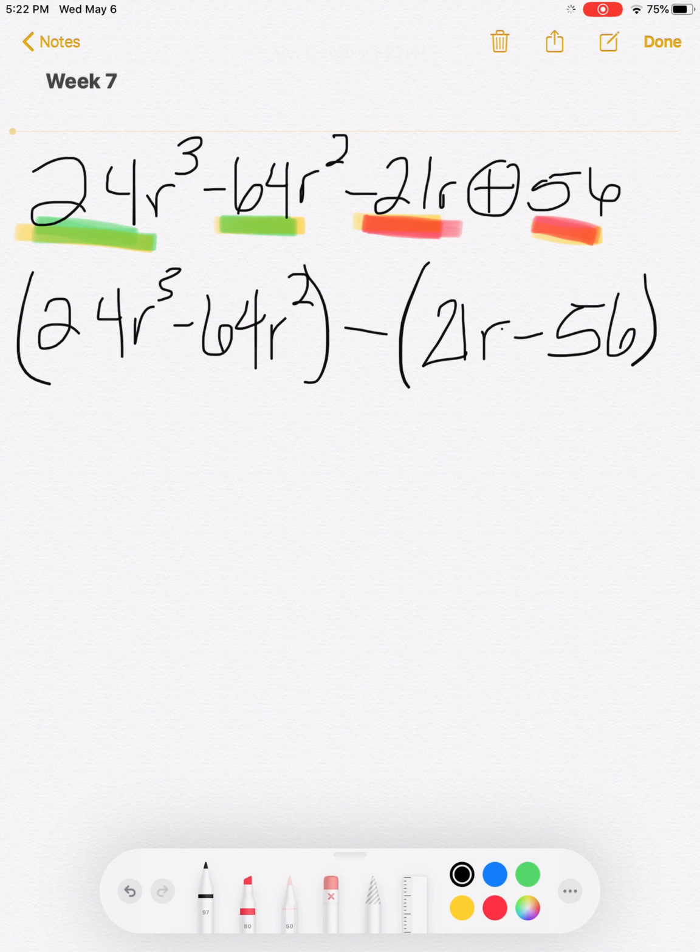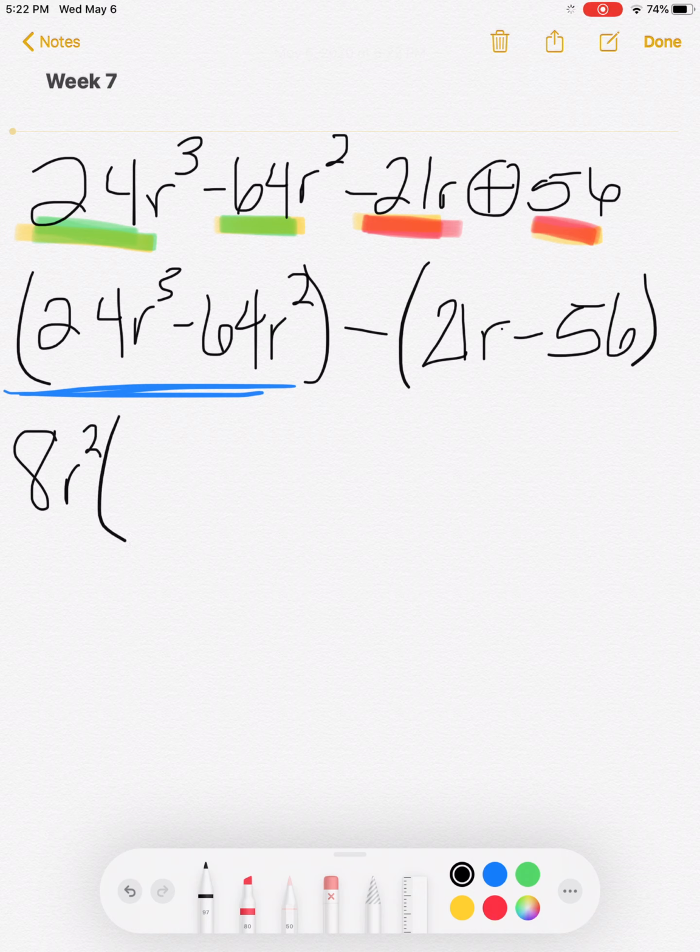So what I'm going to do is look at 24 and 64, and think of the greatest common factor of 24 and 64. For example, 2 can go into 24 and 2 can go into 64, but there is a bigger number. 4 can go into both of those, yes, but 8 can also go into 24 and 8 can also go into 64. So I am going to take out an 8 out of those two, and they both have at least an r squared in common.